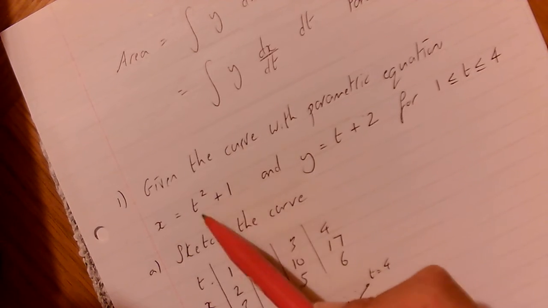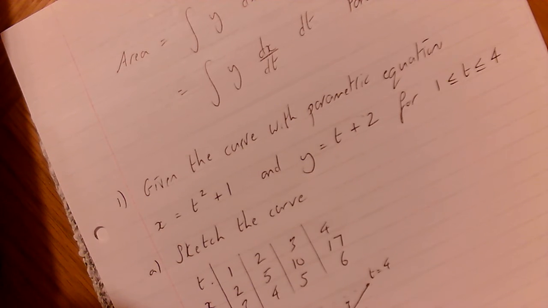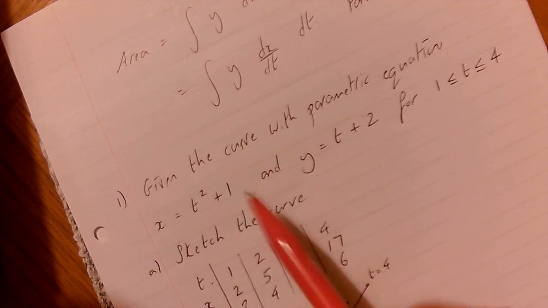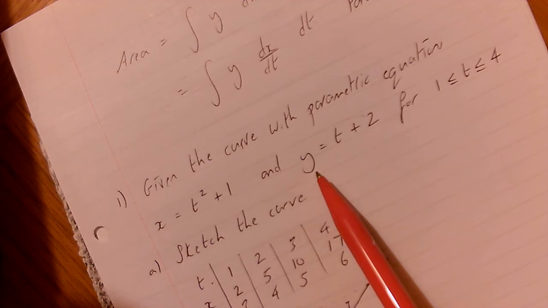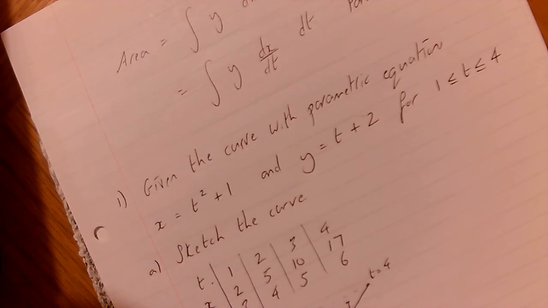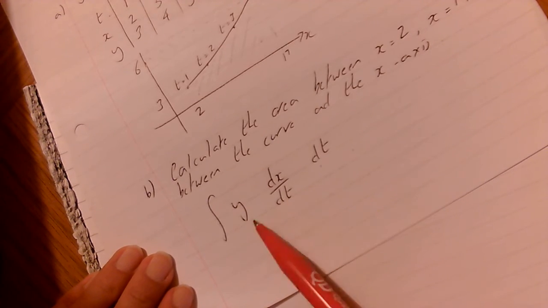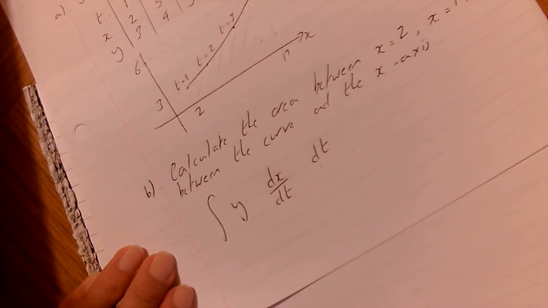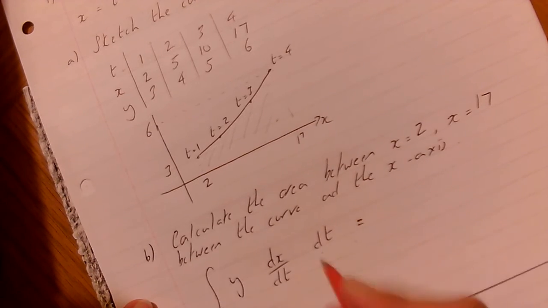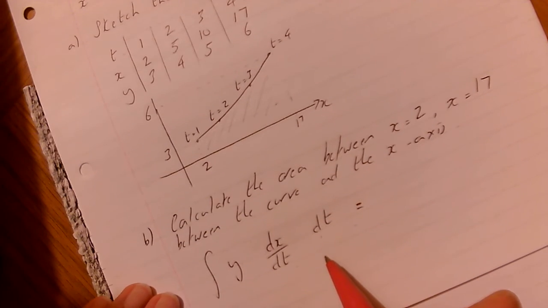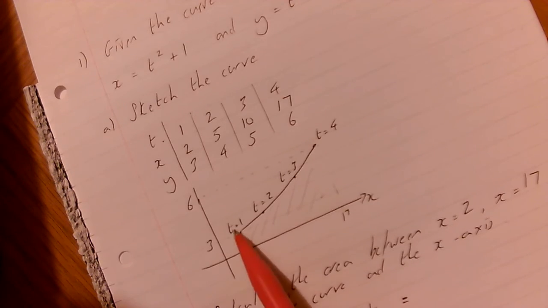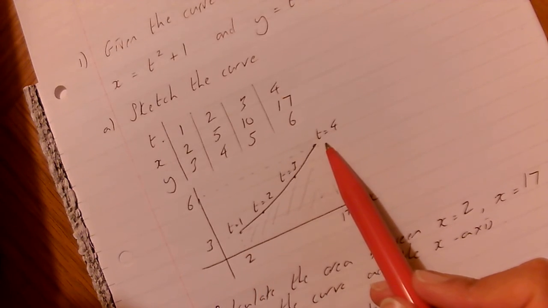Most of the time, though, unless you want to start introducing square roots, which isn't a very good idea because of the plus or minus question, parametrics become very difficult to put together to then integrate. The idea behind using this formula is that putting these two together instead gives you an equation which you can integrate much more easily. Because it's t values that you're going to end up with, we're going to integrate between these two t values here, 1 and 4.